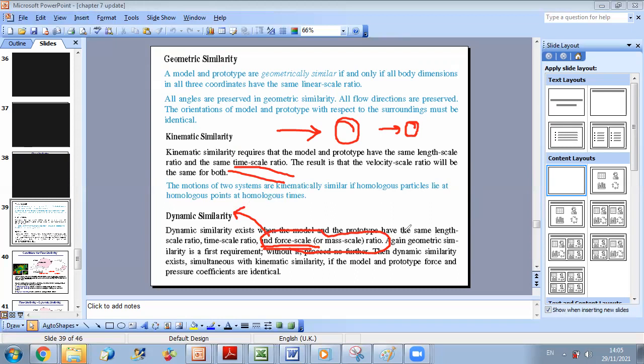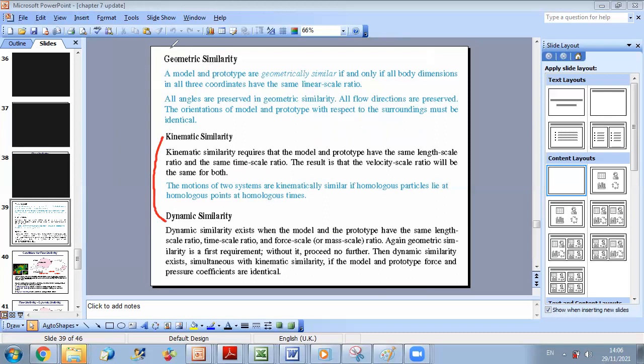So again, geometric similarity is a first requirement. Without it, we cannot proceed. But then we should make sure also that kinematic and dynamic similarity exist simultaneously if the model and prototype force and pressure coefficients are identical. So, as I told you, to satisfy these conditions of kinematic and dynamic similarity, we should ensure that all our dimensionless groups governing the problem are the same.